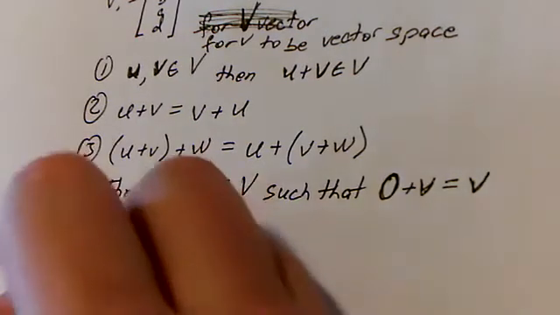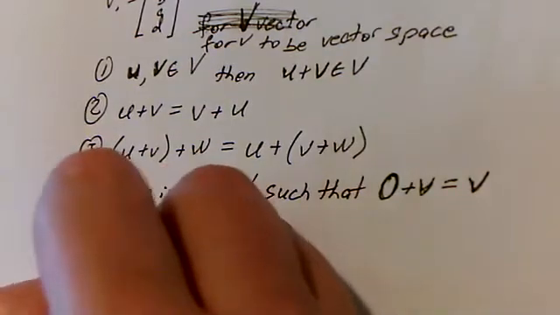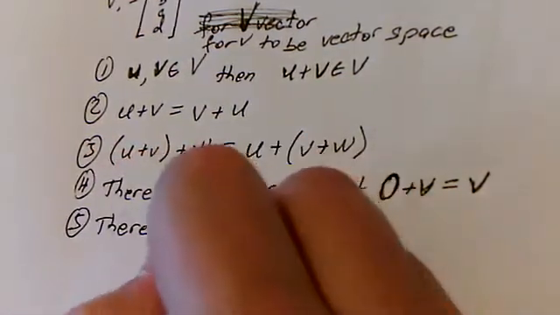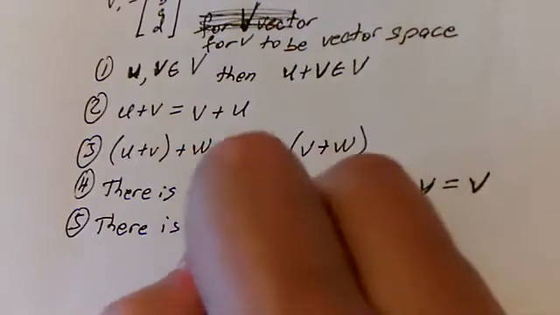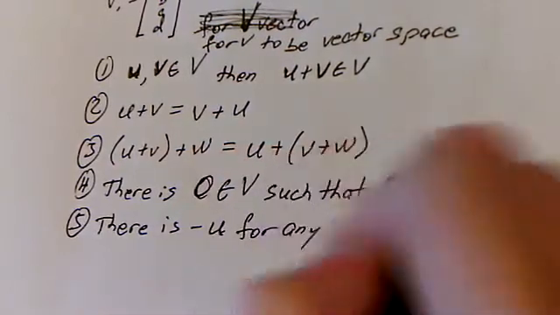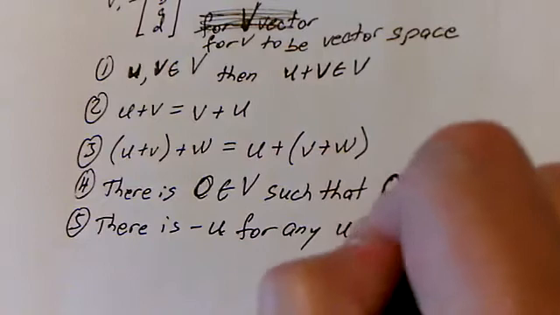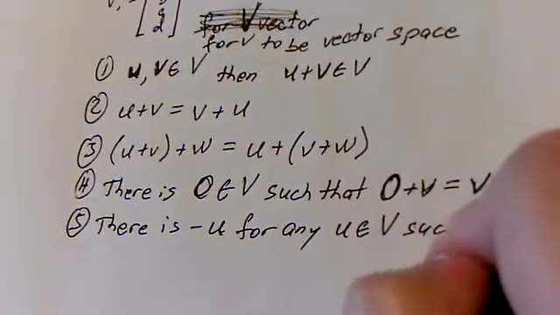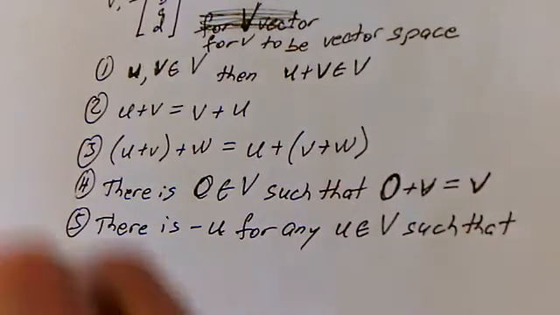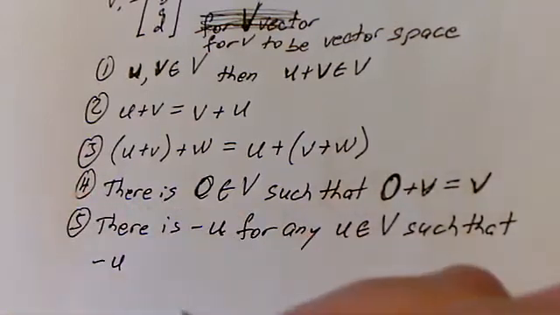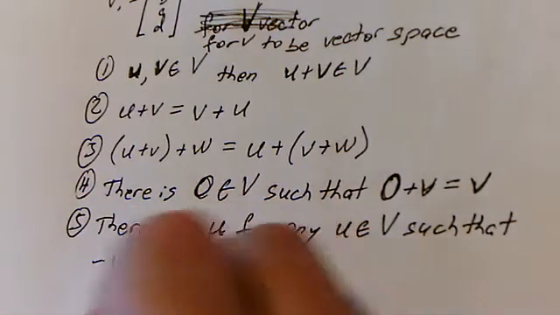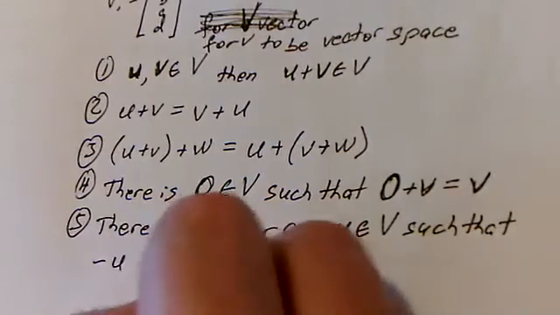Condition 5: there is negative u, for any u in V, such that negative u plus u is equal to 0.